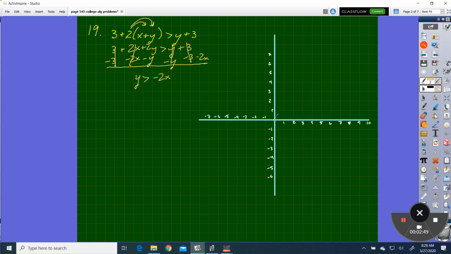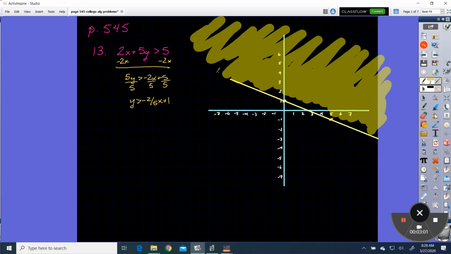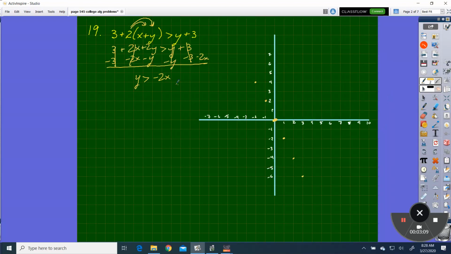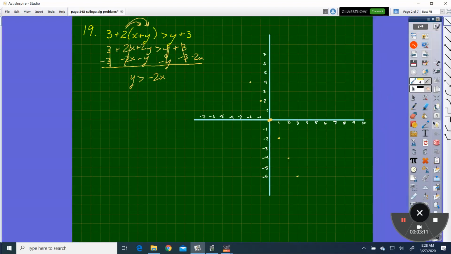So that means I'm starting at 0. I go down 2 over 1, down 2 over 1. Okay, and now, oh, I messed up on this first problem. That should be a dotted line. So this should be a dotted line, so make sure I do that dotted.